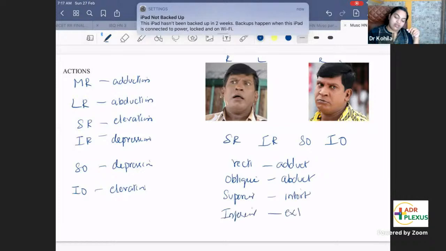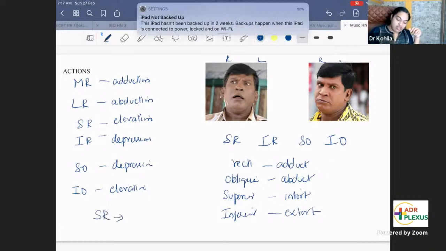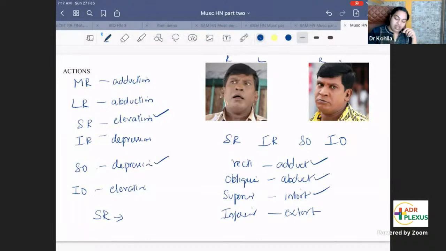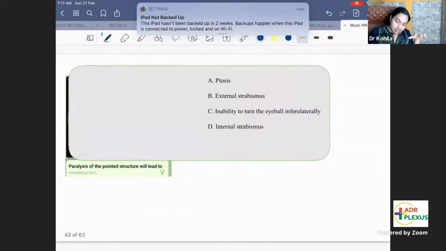Inferiors extort. Am I right? Okay. So taking superior rectus alone, what will be its action? Elevation, adduction, intorsion. Superior oblique will be depression, abduction, again intorsion. Okay. So you can make it, I think.